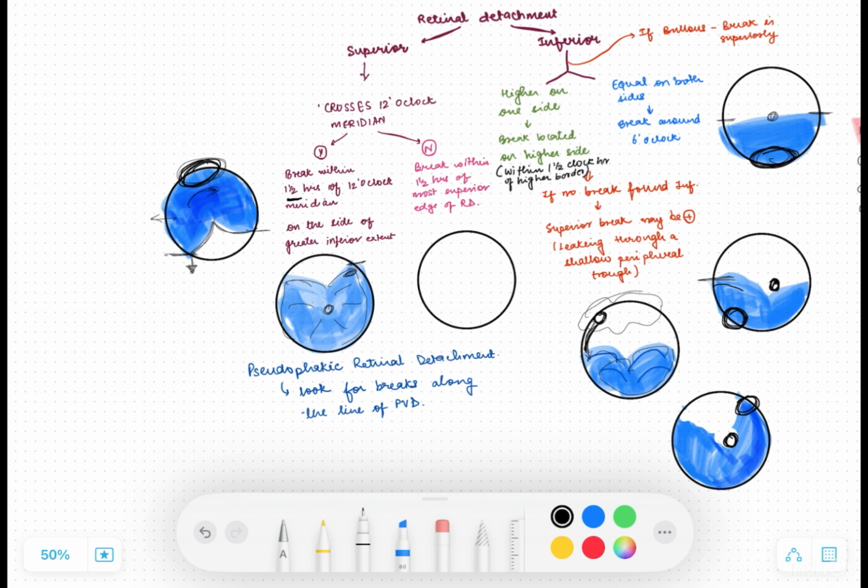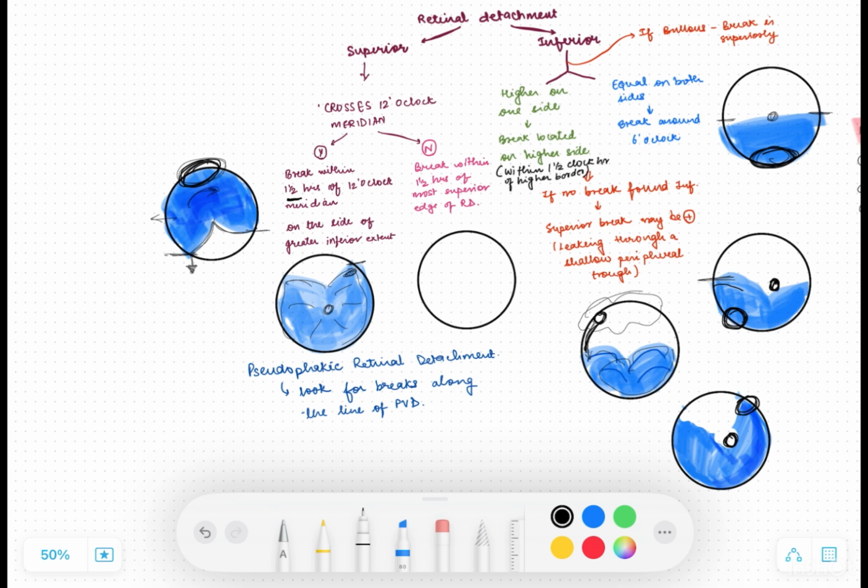First thing you have to figure out is whether the retinal detachment is a superior retinal detachment or an inferior retinal detachment. If there is a superior retinal detachment, then try to assess if it has crossed over the 12 o'clock meridian or not.